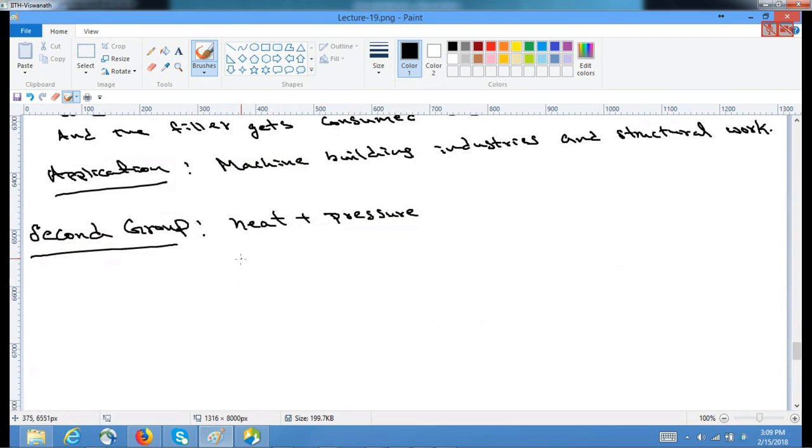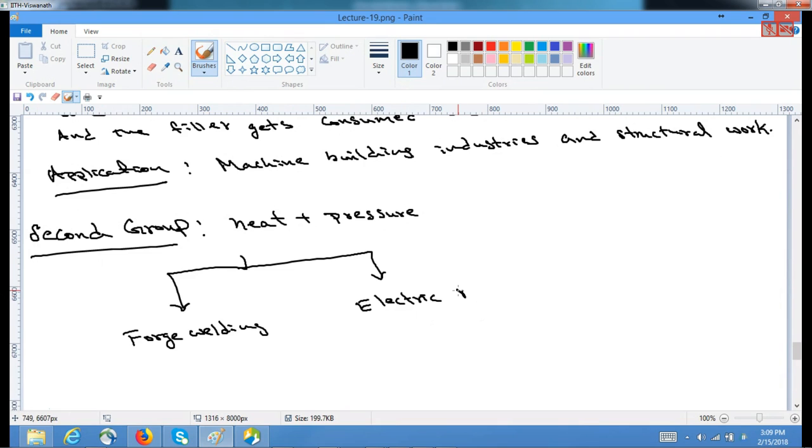The first one is forge welding, and the other one is electric resistance welding.